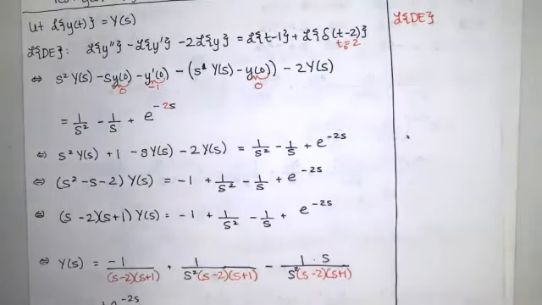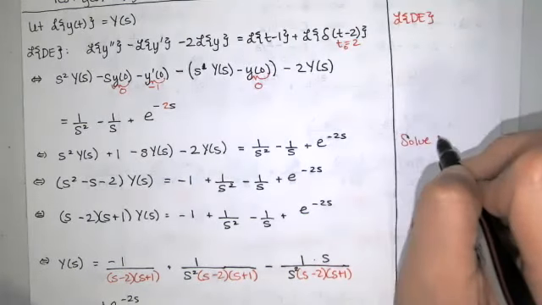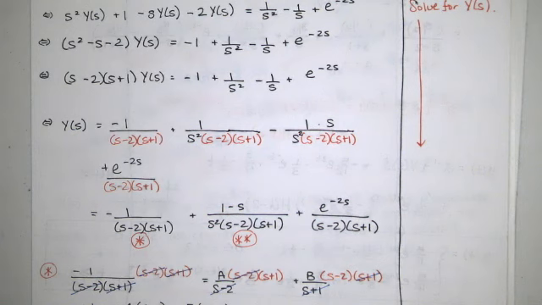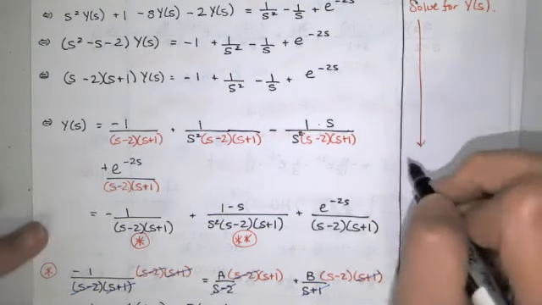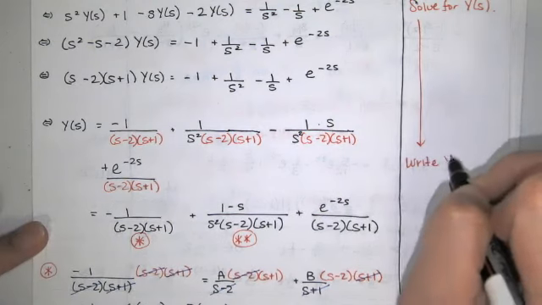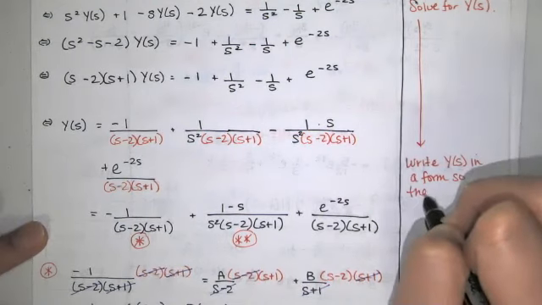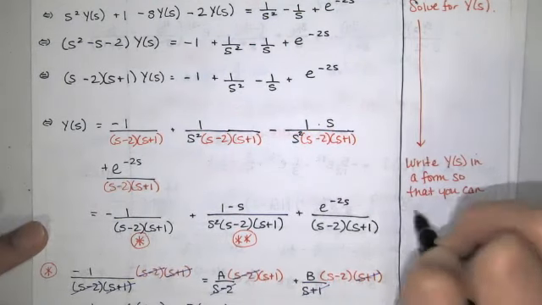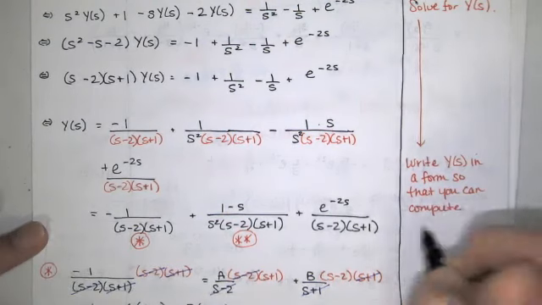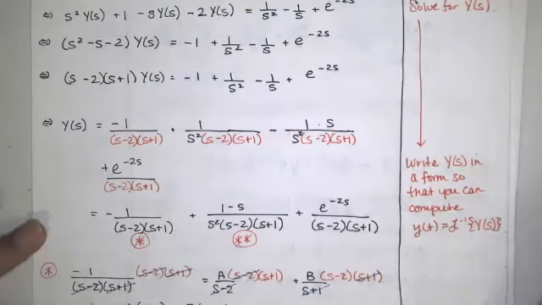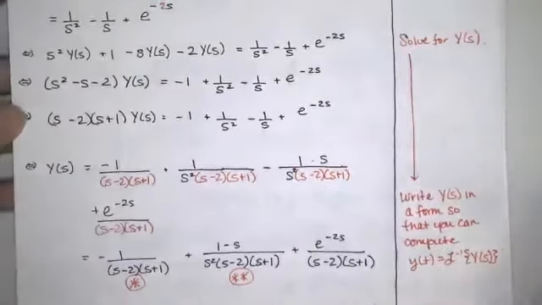And then you're just going to solve for Y. Then, as necessary, do partial fraction decomposition to write Y of s in a form so that you can compute the inverse transform. And usually that involves partial fraction decomposition, and of course using your table of Laplace transforms.